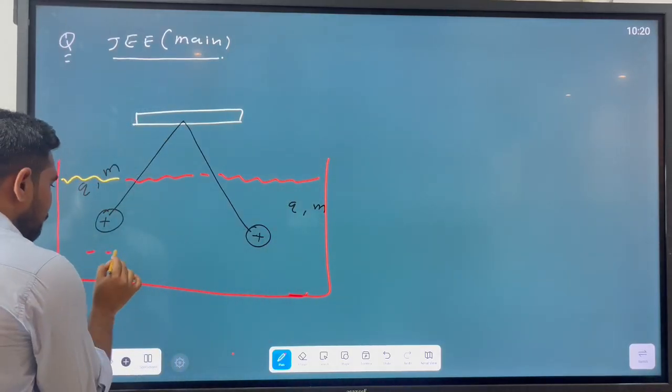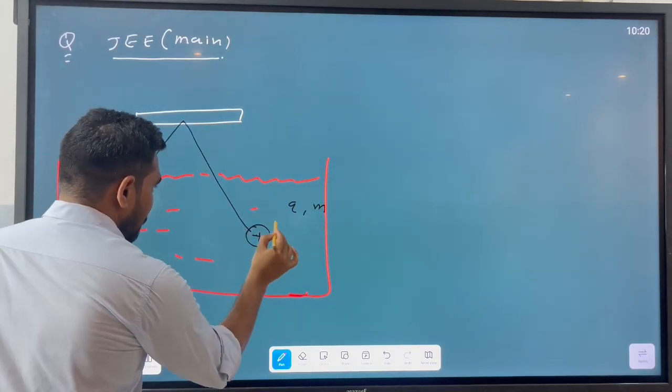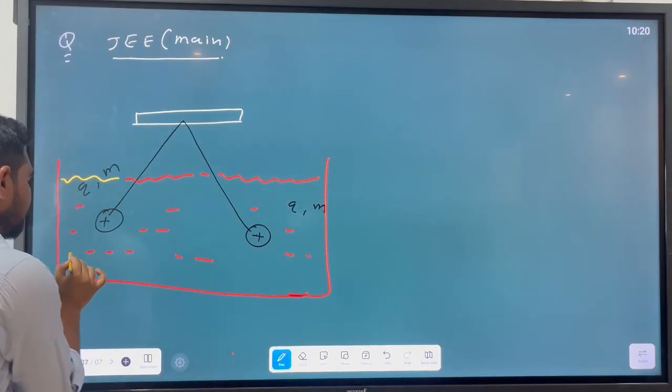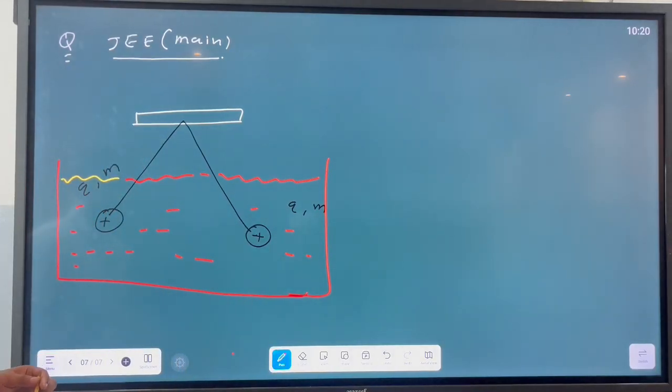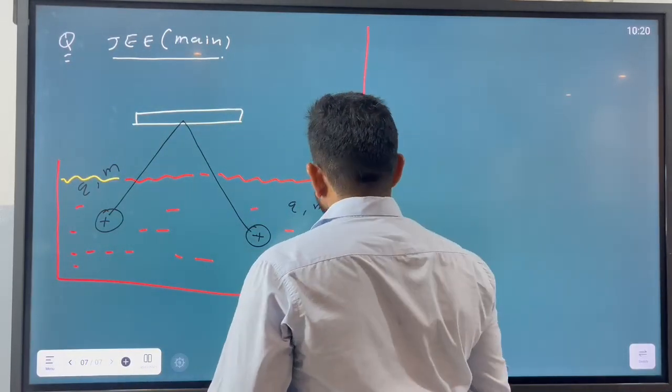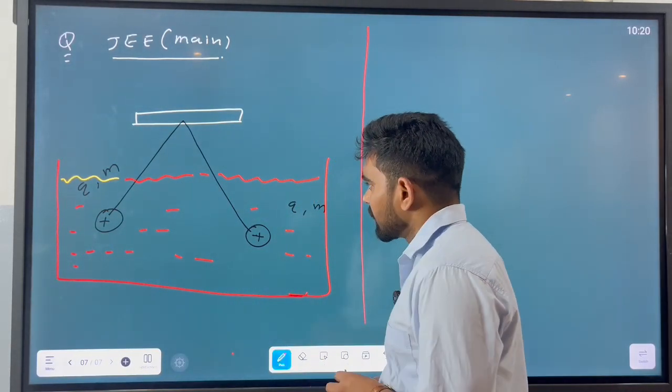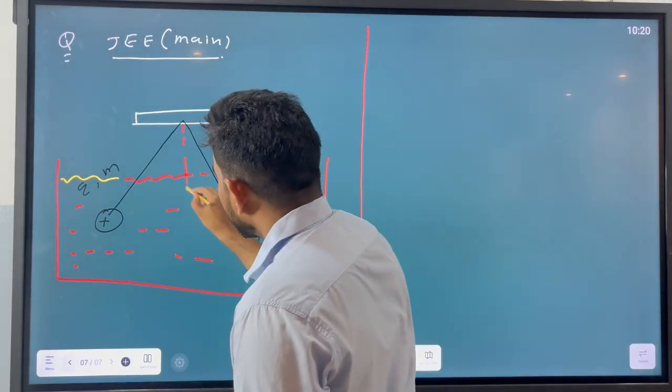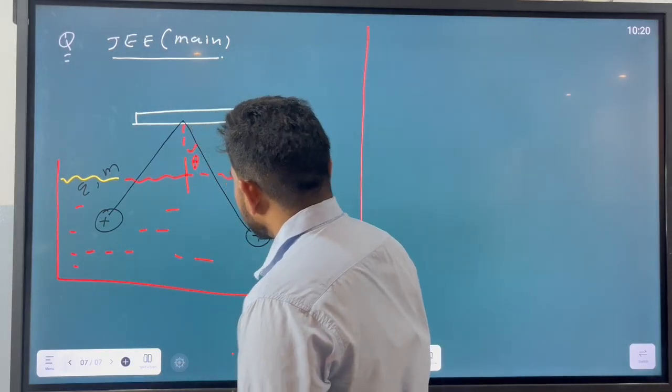This is a medium. Now find the value of the tension force on the string, the value of the charge, and the value of the angle for the balance conditions.